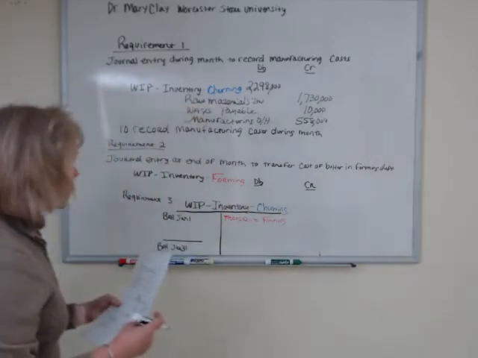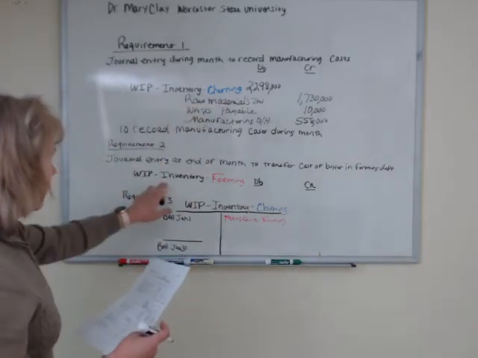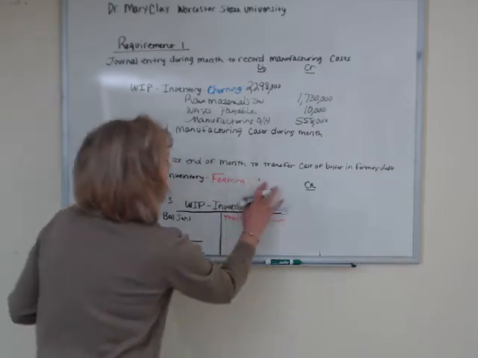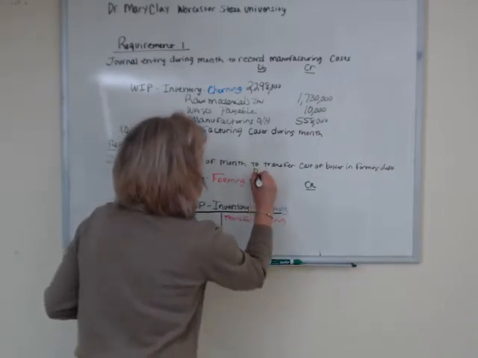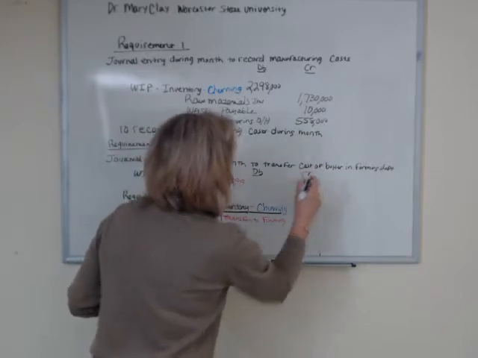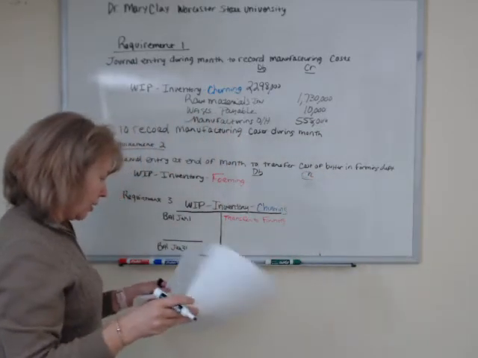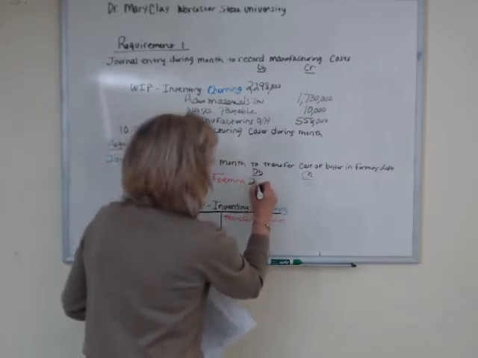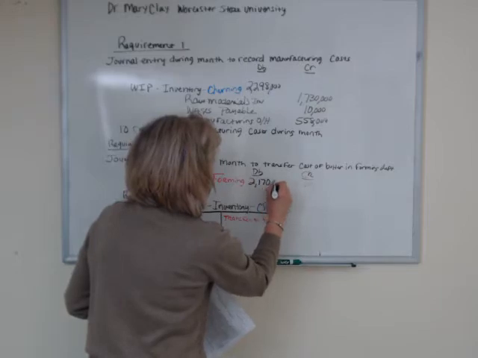So I go over here to work in process inventory for the forming department. That was $2,170,000.